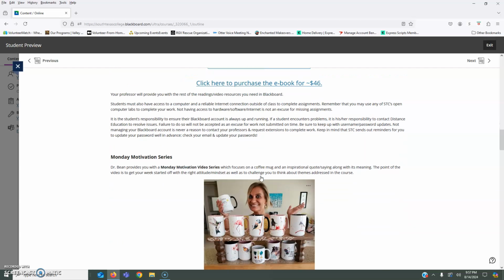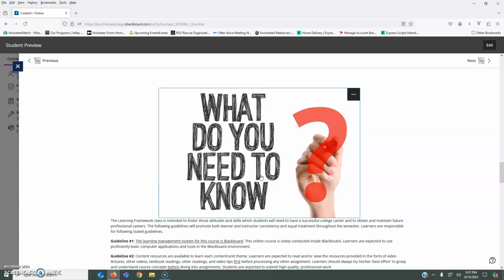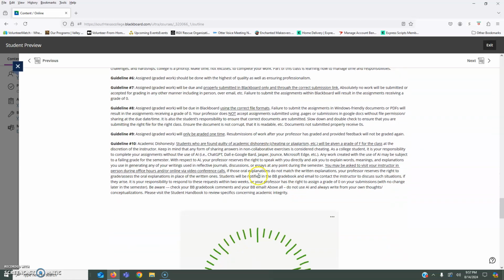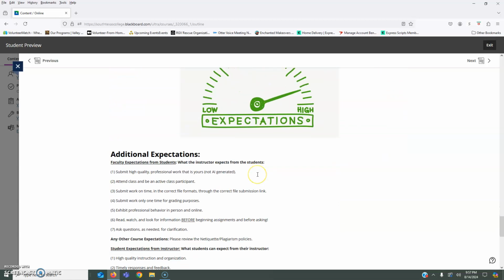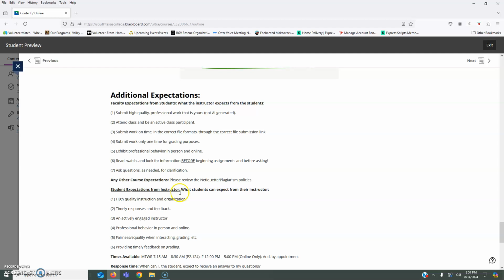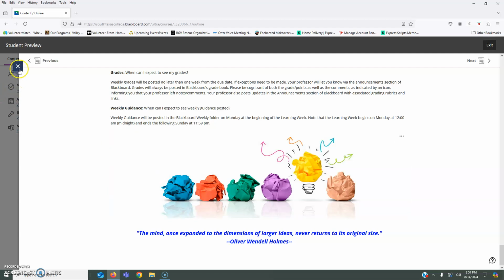It also tells you some very important information called What Do You Need to Know? And you can see there are 10 important guidelines for our course. And it also lays out some expectations that I have for you called Faculty Expectations from Students, and some expectations that you should have for me. So please make sure you read those over.